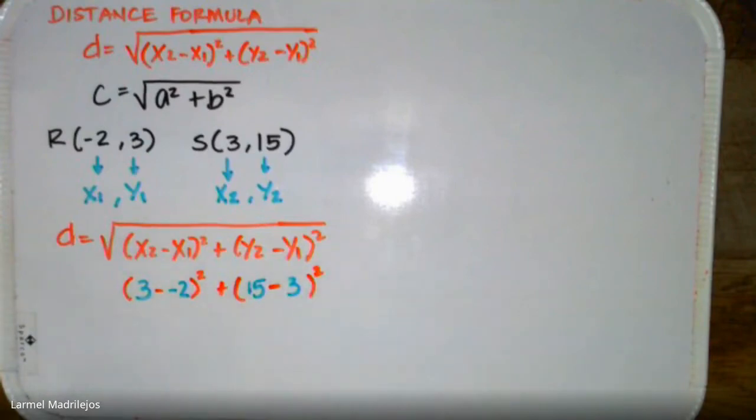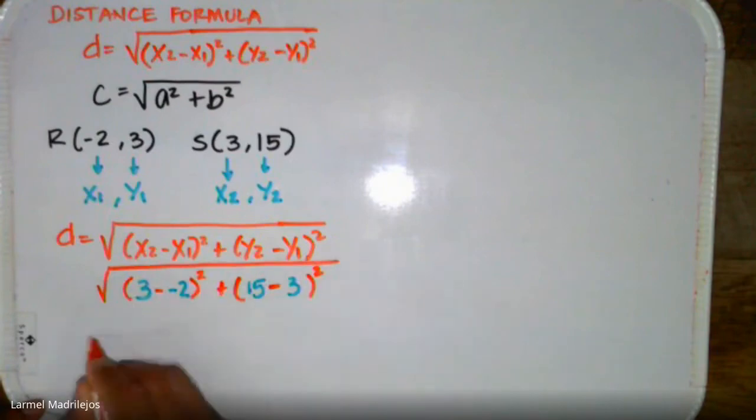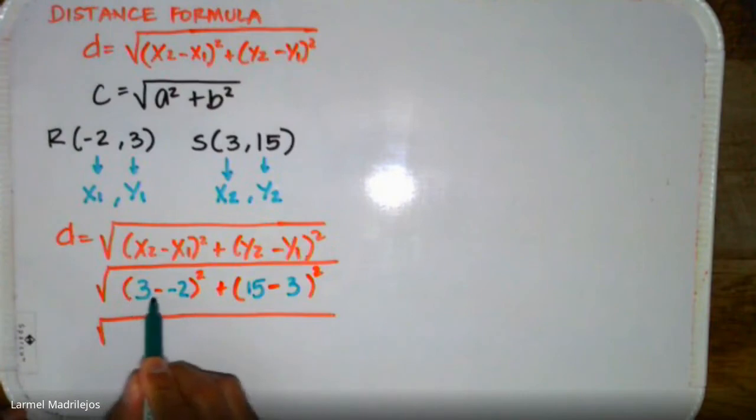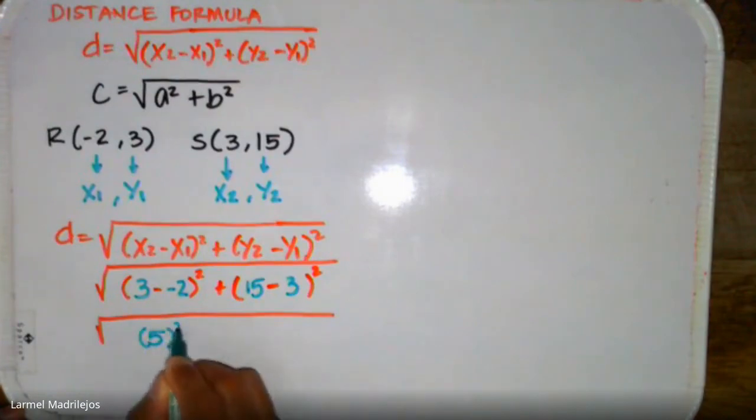I'm going to work first on the x values so I don't get confused. So 3 minus -2. Remember, negative times a negative makes a positive. So this is going to be 3 plus 2, which is 5 squared. What's 5 squared? This means 5 times 5, so this is going to be 25.